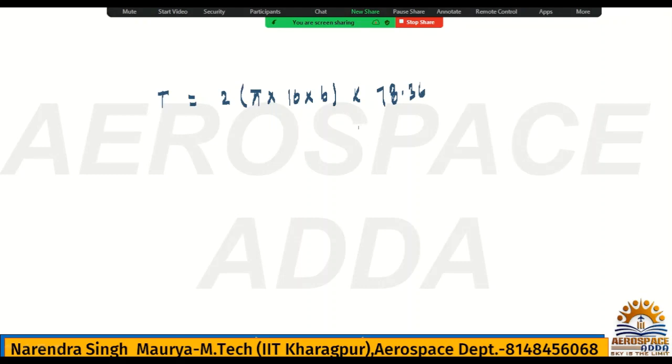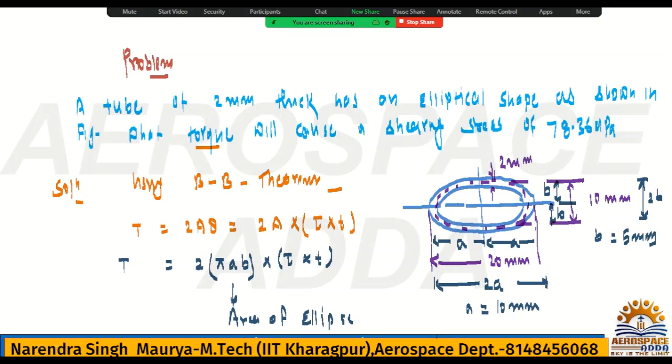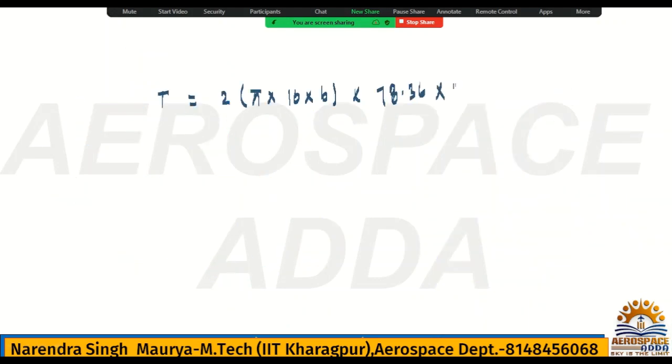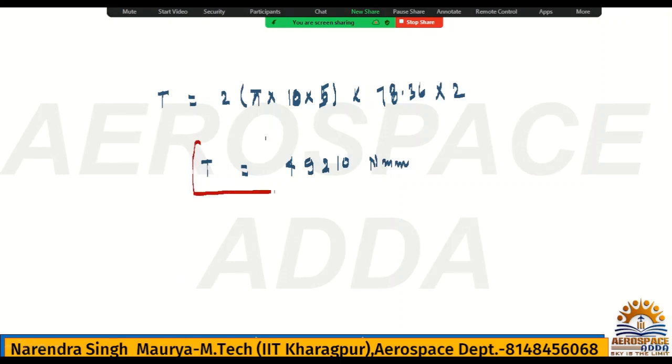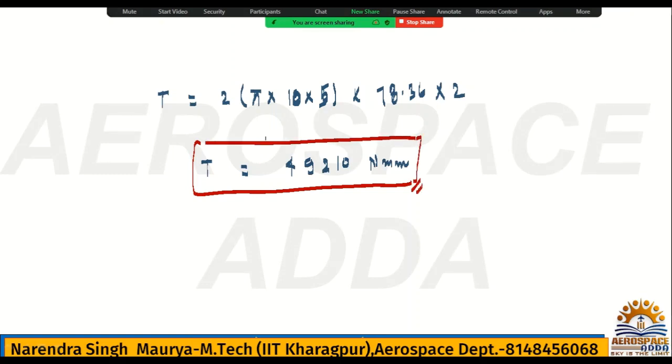You should know that conversion. And then the thickness is given as 2 mm. This will be the torque in Newton mm. I hope this one is very clear to everyone.